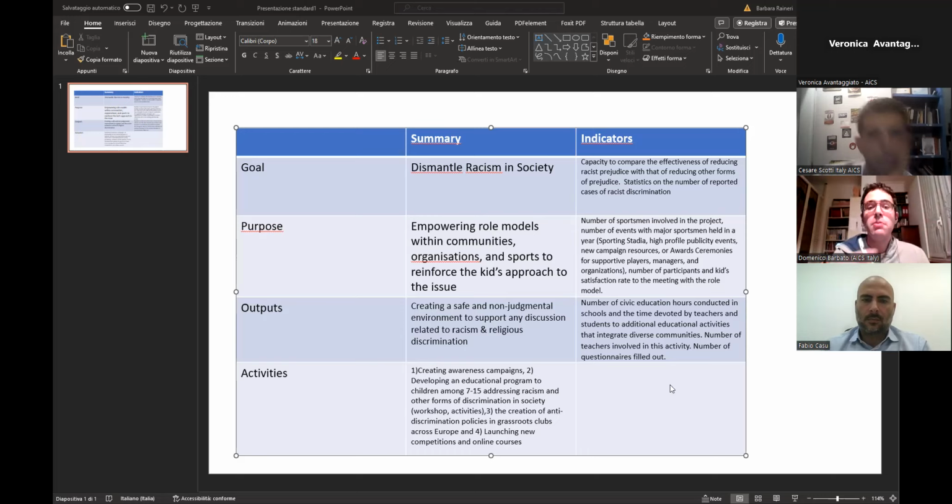And if we create a safe and non-judgmental environment to support any kind of discussion related to racism and religion discrimination, then we can reach the purpose, which was empowering role models with communities.